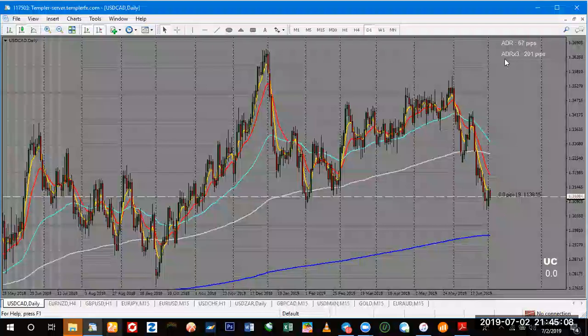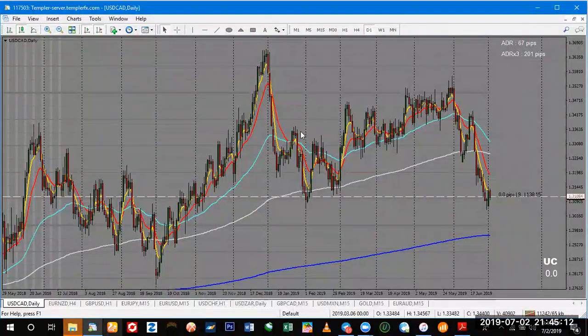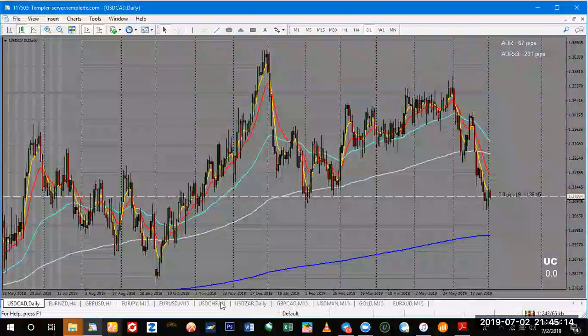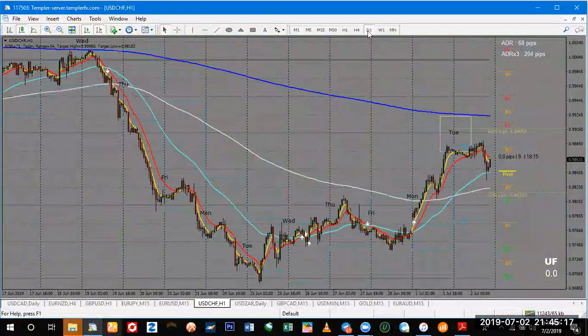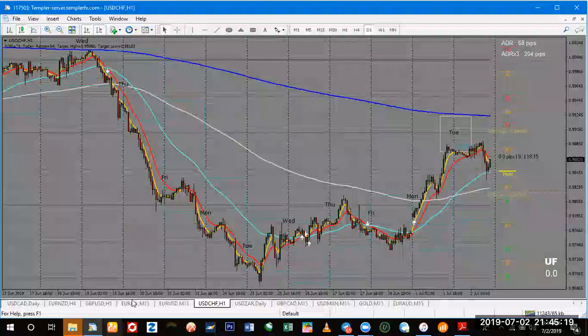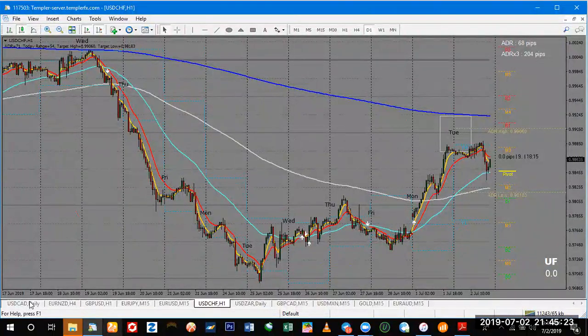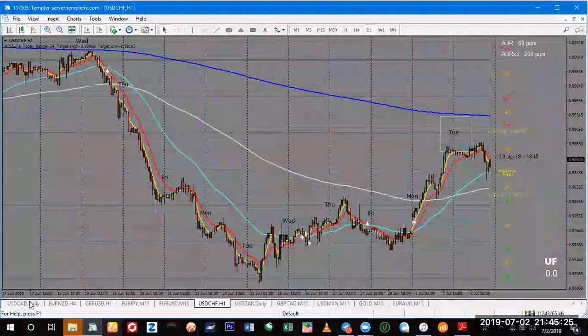Now, in order for you to swing, you need to visualize your peaks on the daily chart. If you see a big peak on the hour one time frame, you need to visualize it on the daily chart.